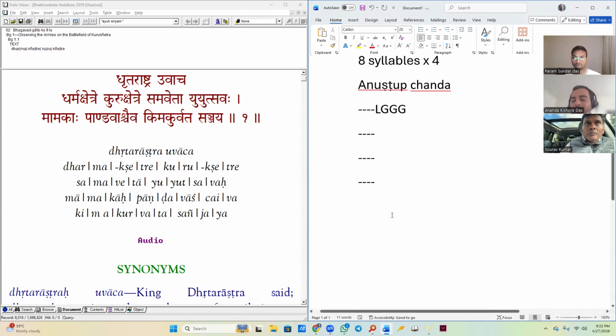A and I becomes E, so that's why, because E is basically 2 letters, it's a long vowel. Similarly, A and U becomes O. So that's why O is also a long letter.